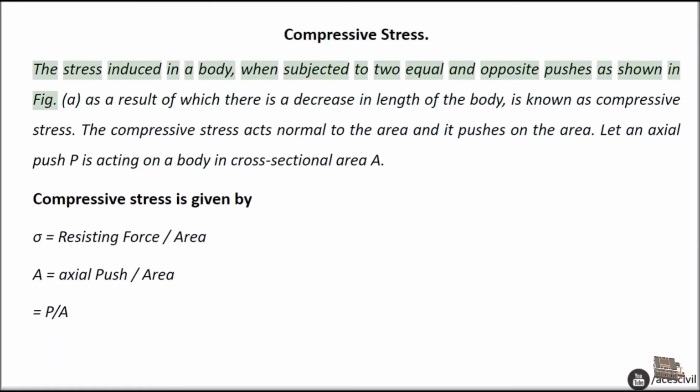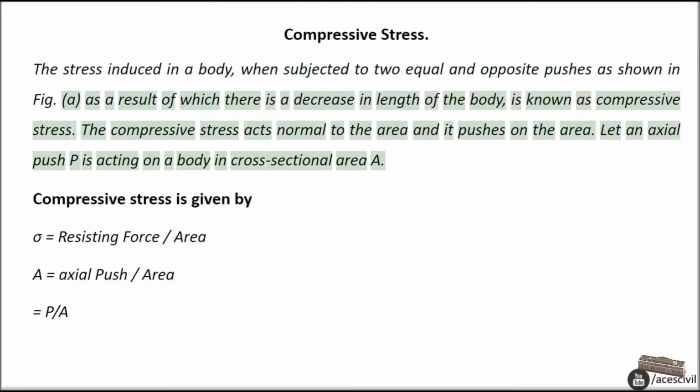The stress induced in a body, when subjected to two equal and opposite pushes as shown in Fig. A, as a result of which there is a decrease in length of the body, is known as compressive stress. The compressive stress acts normal to the area and it pushes on the area.